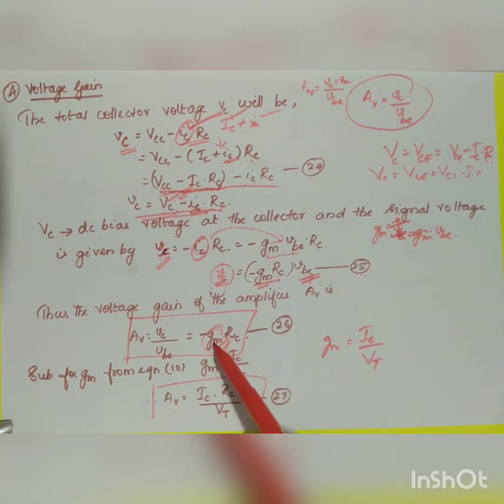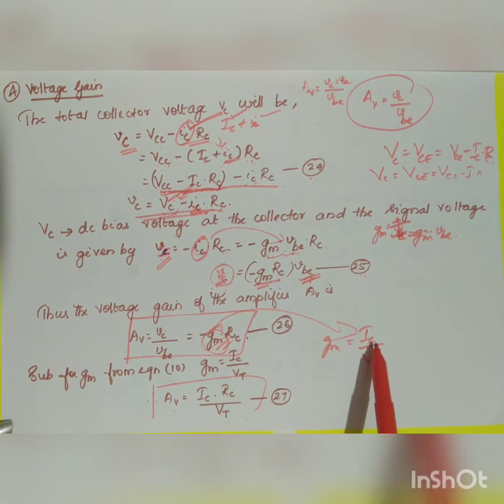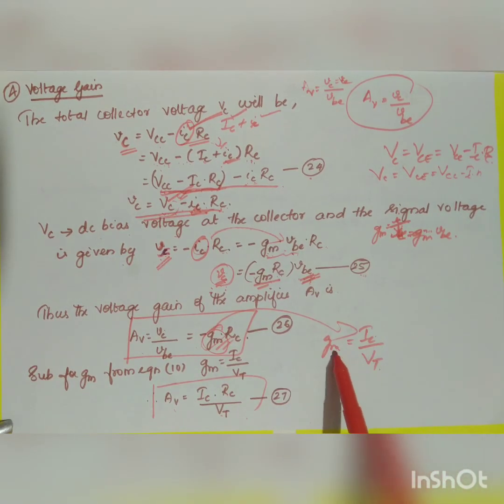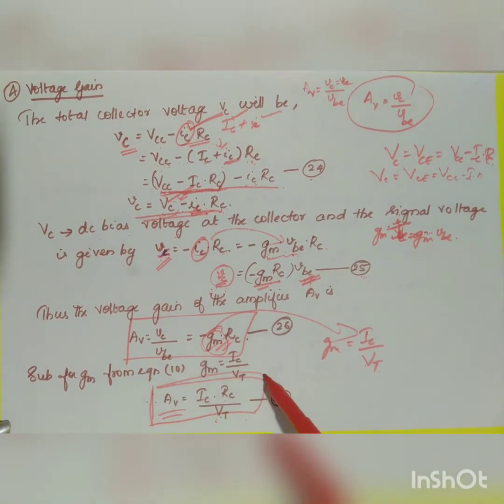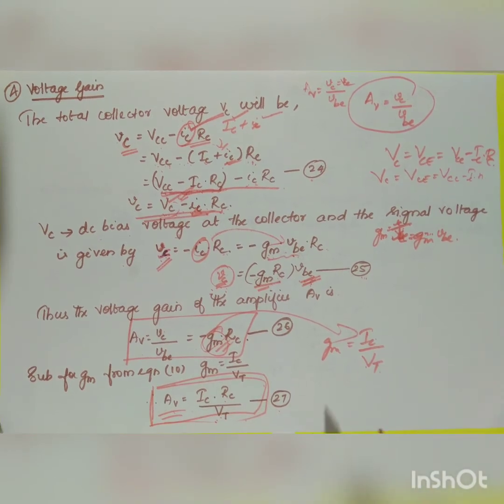When you substitute the value for gm, what is your gm in terms of your IC and your thermal voltage? gm is equal to IC divided by VT. If you substitute it here, I can write Av is equal to minus IC into RC divided by VT. So this is your expression for your small signal voltage gain.